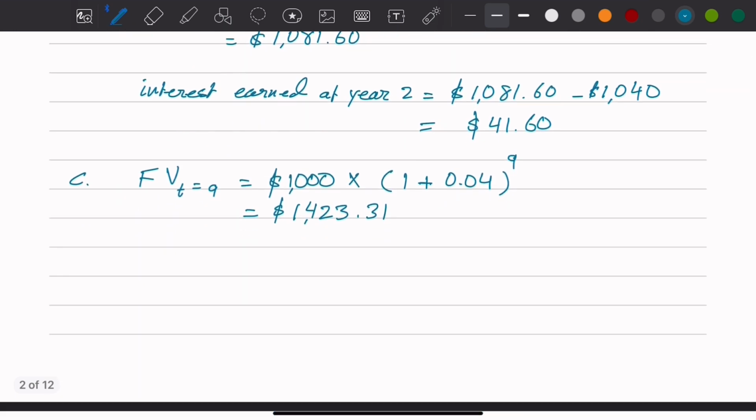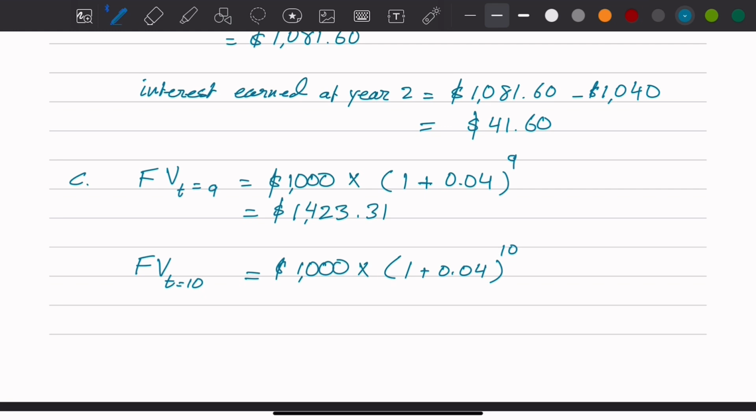And then again, we need to find the future value at time equals 10, or at the 10th year. It's going to be 1000 multiplied by 1 plus 0.04 to the power of 10. If you have a scientific calculator, you don't have to repeat these numbers each time. You can just go back to your previous formula and change the power.